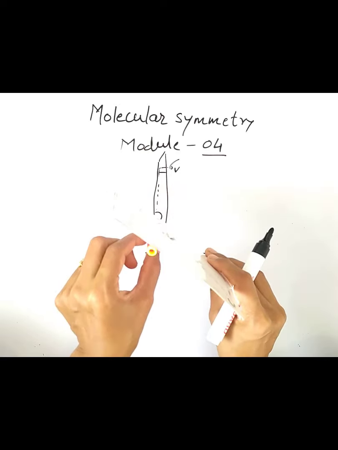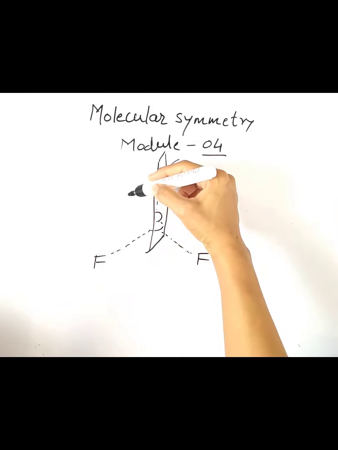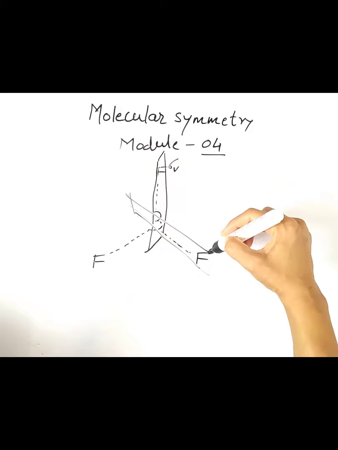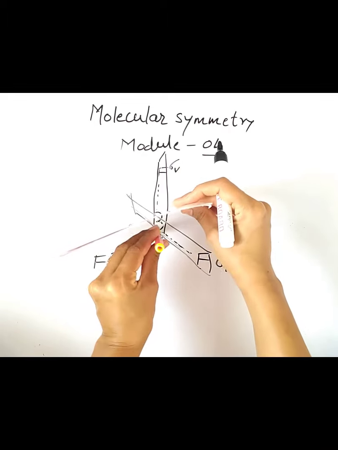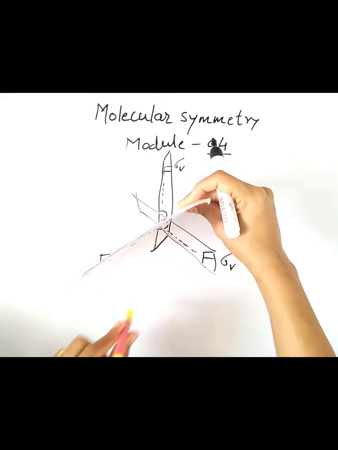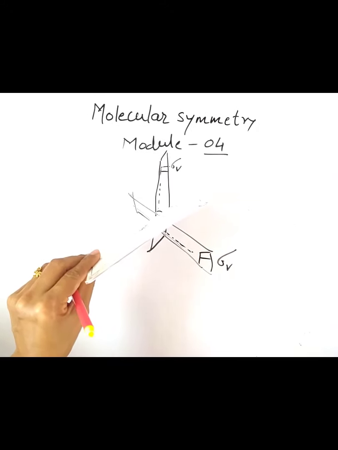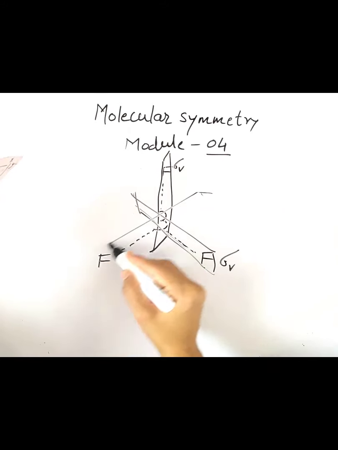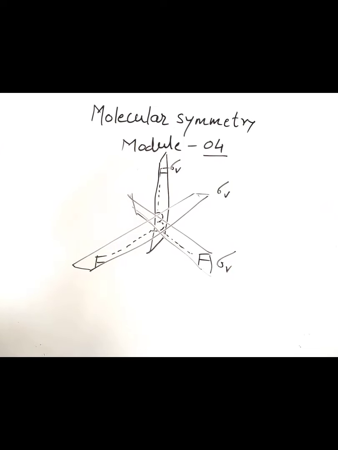Again they two are also parallel to each other. So this plane that we can pass from the second fluorine is also called sigma v. Similarly, this principal axis and this third plane passing from the third fluorine are also parallel to each other. So this plane is also called sigma v.